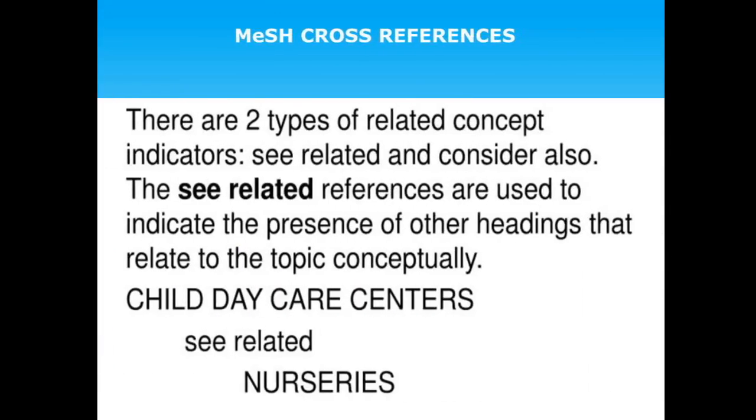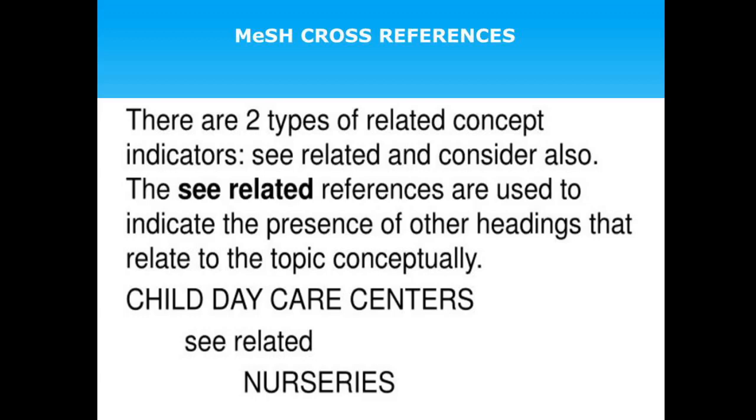So in case of related indicators, there are two further types. They are See Related and Consider Also. See Related means they indicate the presence of another heading related to the concept. They relate one heading to another heading based on their conceptual relationship.